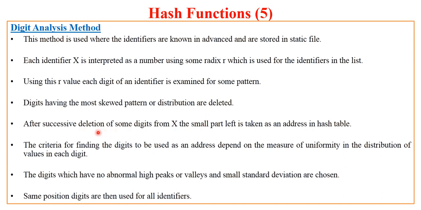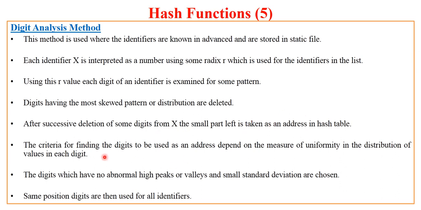If some identifier X has some pattern, and with this rule we delete some digits from the identifier, whatever address we get, that is the hash address of that identifier X in the hash table.